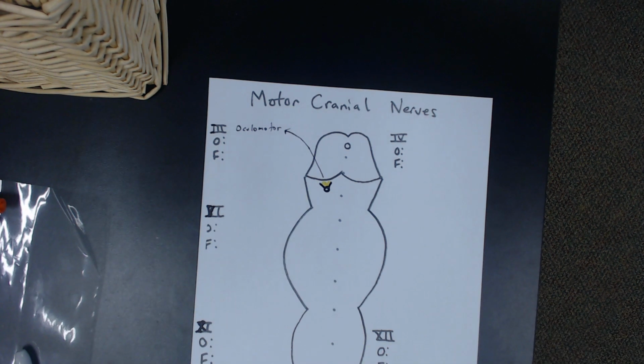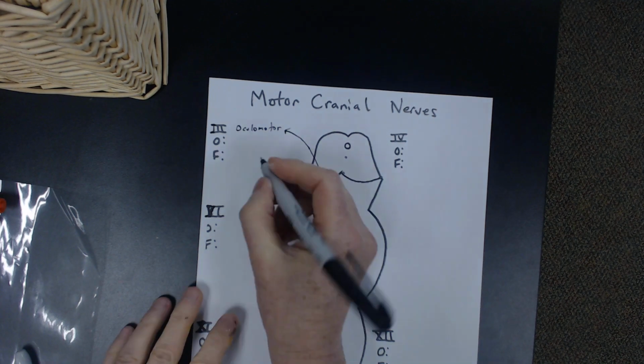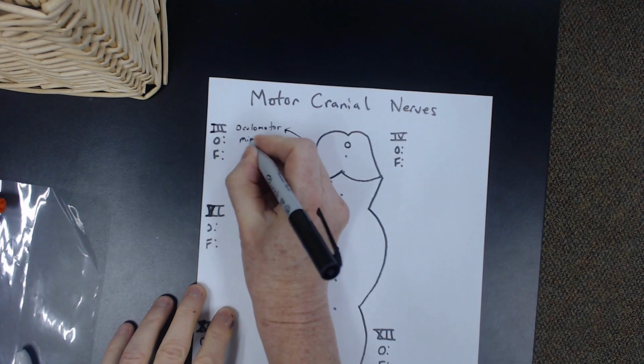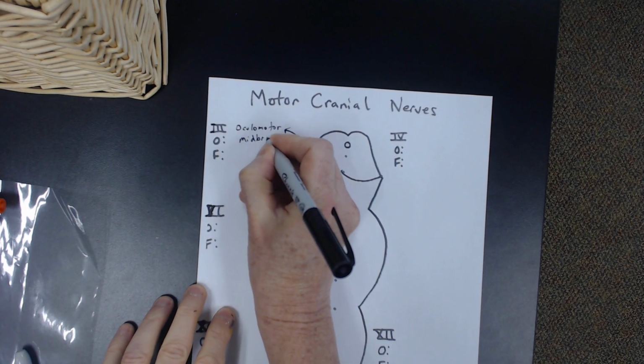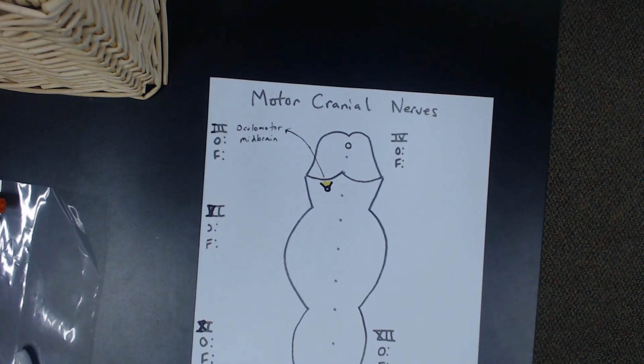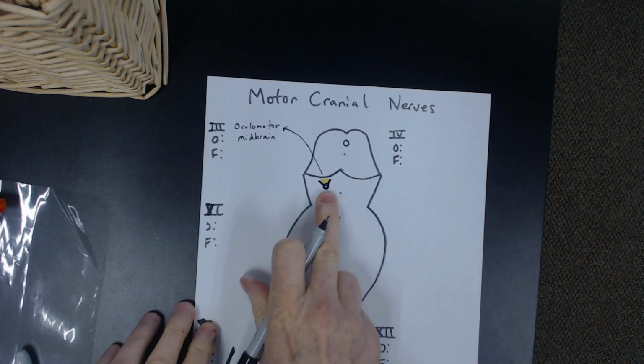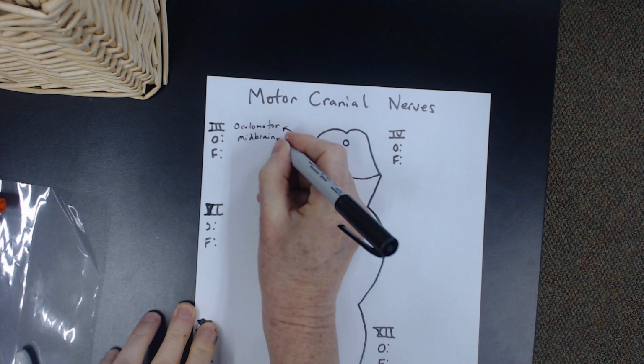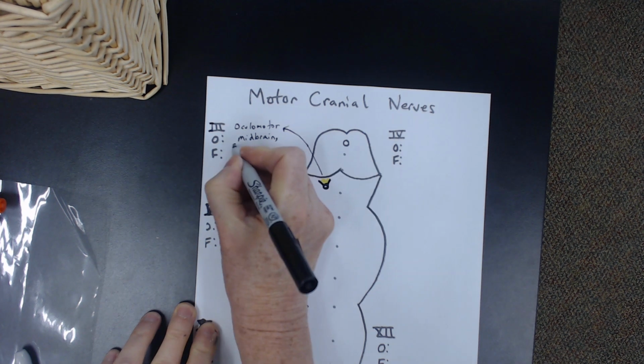So the origin is going to be the midbrain. Okay, and it's a specific place in the midbrain. So to indicate that it's kind of high up in the midbrain, I'm going to say it's found at the level of the superior colliculus.